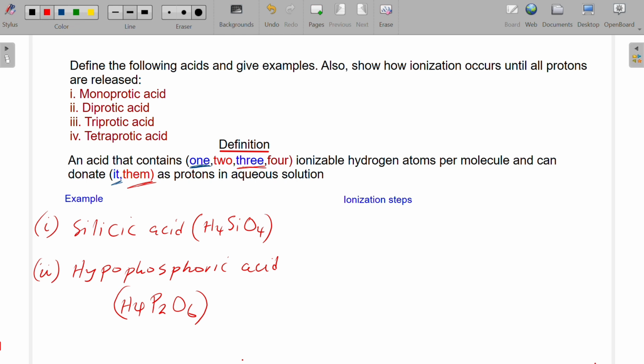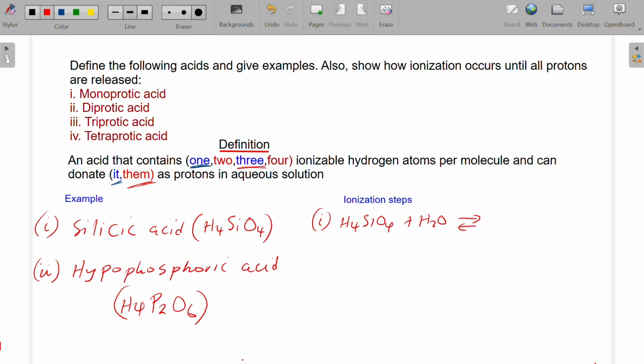To show the ionization, since they contain 4 hydrogens, it means we're going to have 4 steps again. So we'll do those steps. Let's start with the first one. We'll use just one again, H₄SiO₄, and we are putting it in water.